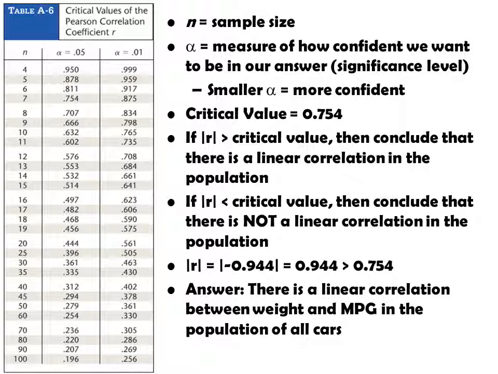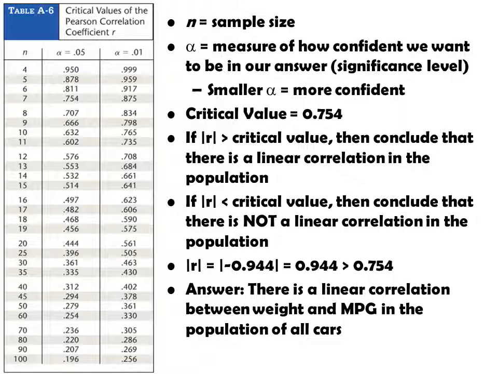And so we did that by comparing the r value to these critical values, which come from Table A-6. Now what we're really doing here is a hypothesis test, just like we did in Chapter 8. We didn't call it a hypothesis test at the time, but really this is a hypothesis test.